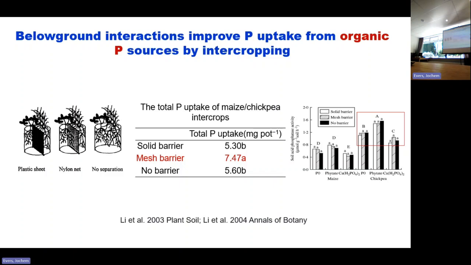They determined the acid phosphatase activity, and they found that the chickpea acid phosphatase activity is much higher than maize. So that means the chickpea can mobilize the organic phosphorus in the soil, and the neighboring maize can benefit from that.